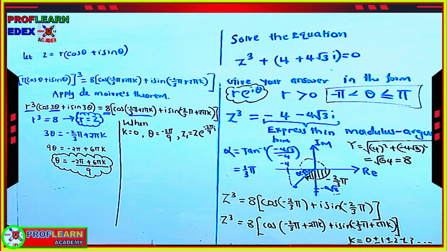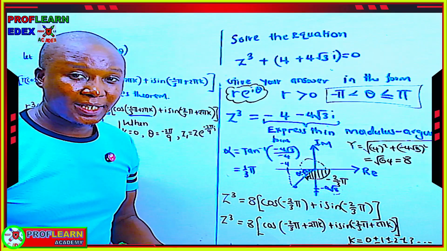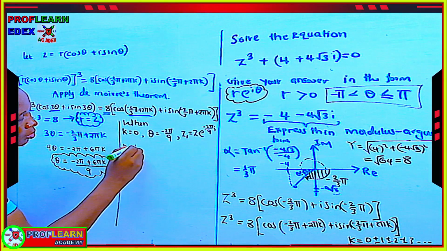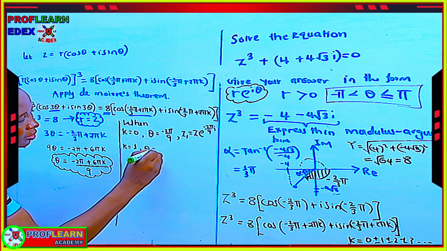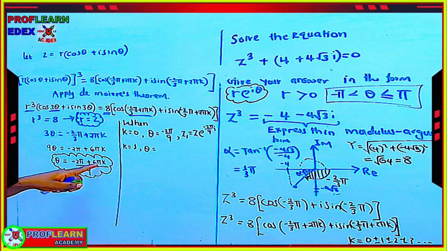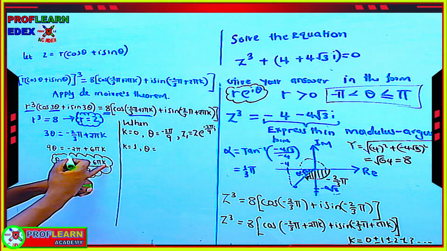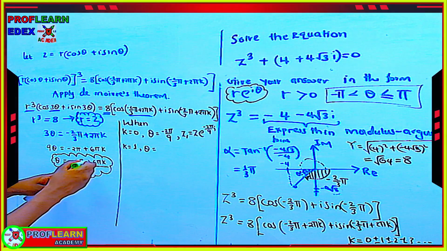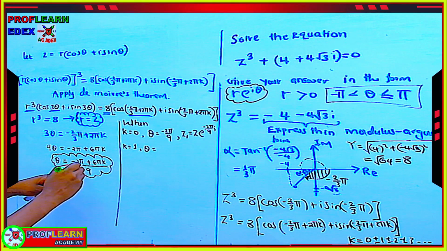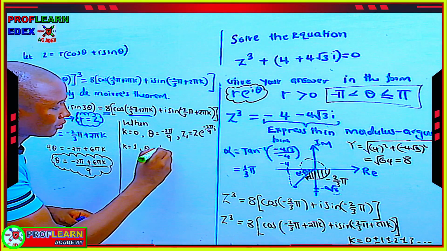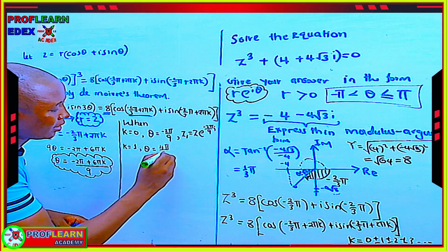The second answer, we are going to get it when k is equal to 1. So when k is equal to 1, our theta is going to translate to what? This is going to be 6 pi times 1, it will be 6 pi, and that 6 pi we say 6 pi minus 2 pi, that becomes 4 pi, and that becomes 4 pi over 9.